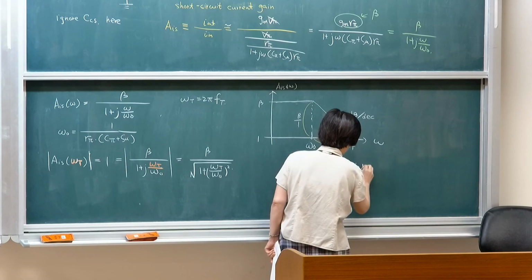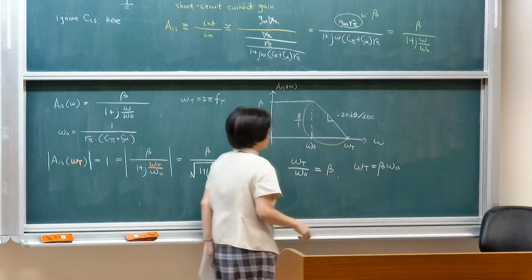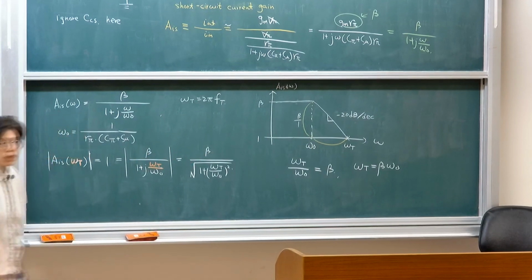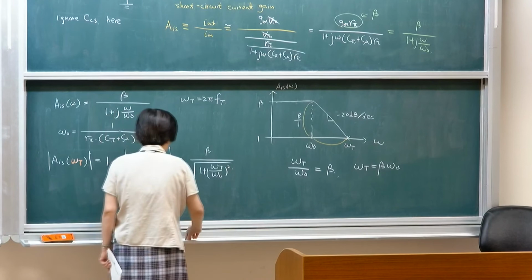That is to say, omega t is beta times omega 0, because it falls at a rate of 20 dB per decade.